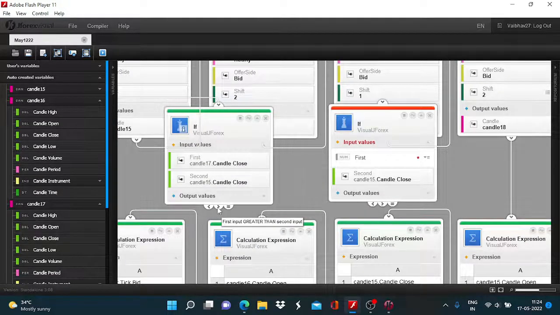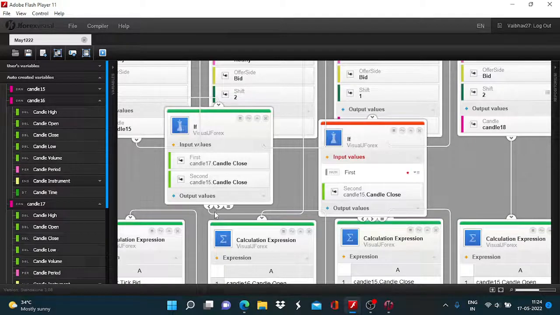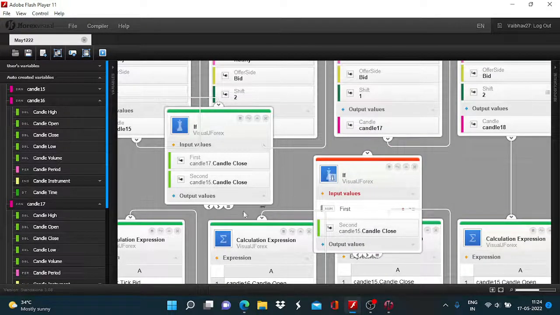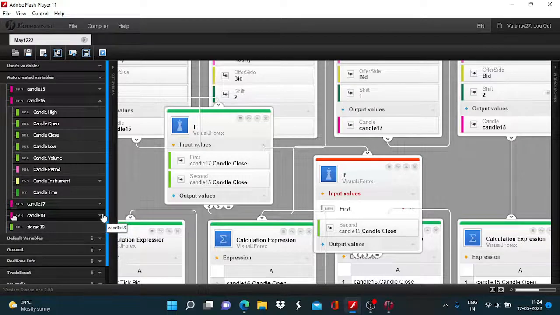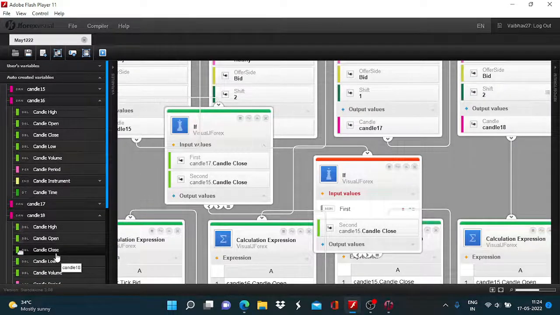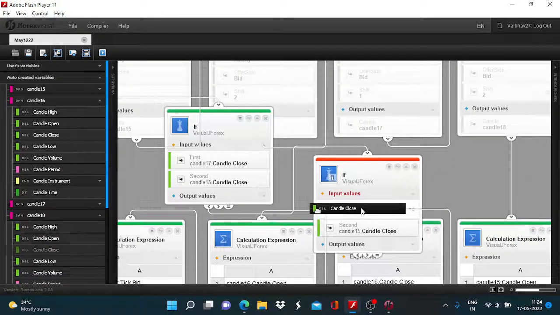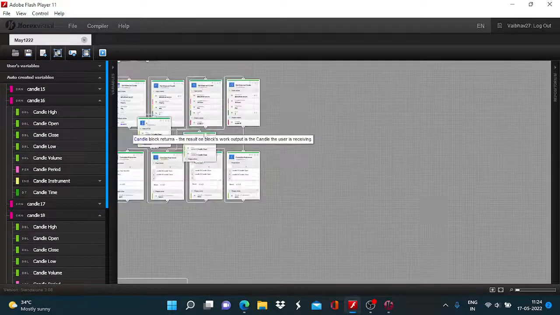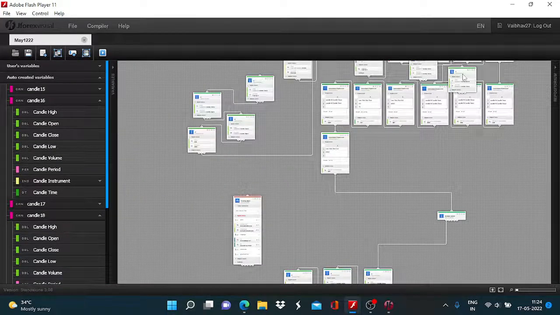So this is going to be not greater, actually lower. It should be in decline. First input less than second input, whereas candle 18 candle close needs to have been higher. All right.